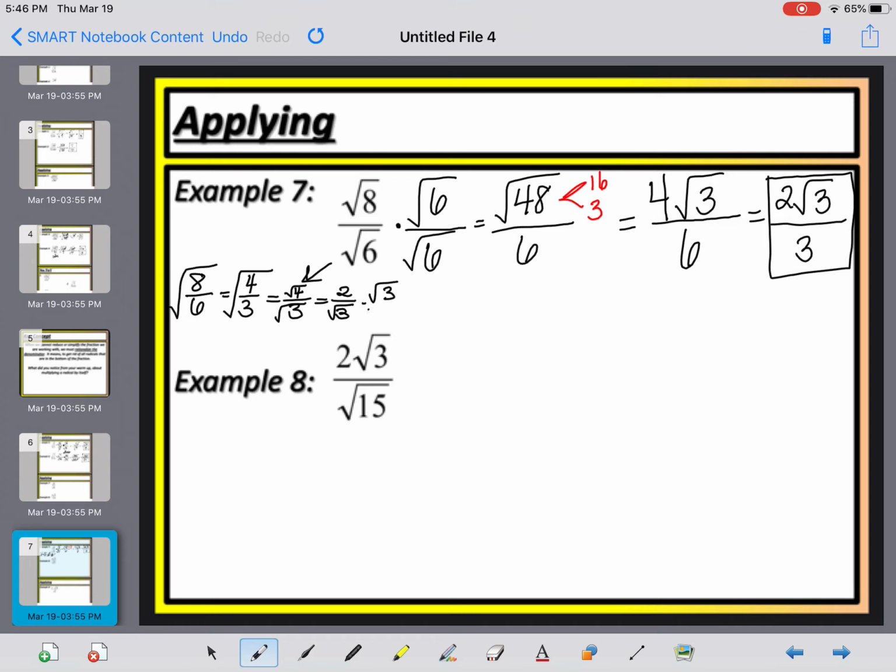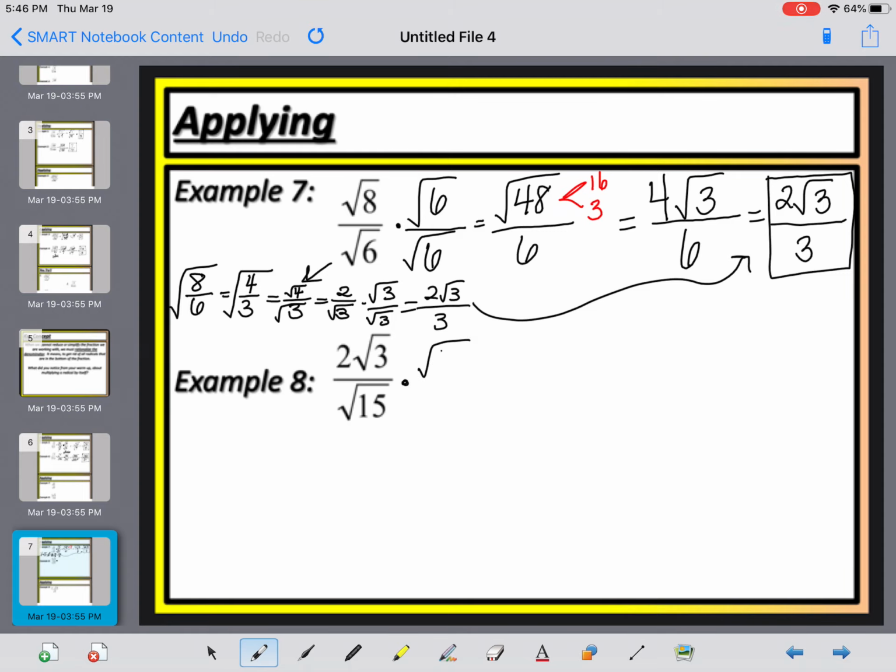Okay, and then you would have rationalized using square root of 3 on the top and the bottom. Okay, and we would have arrived at the same answer. Okay, so either method is perfectly acceptable.